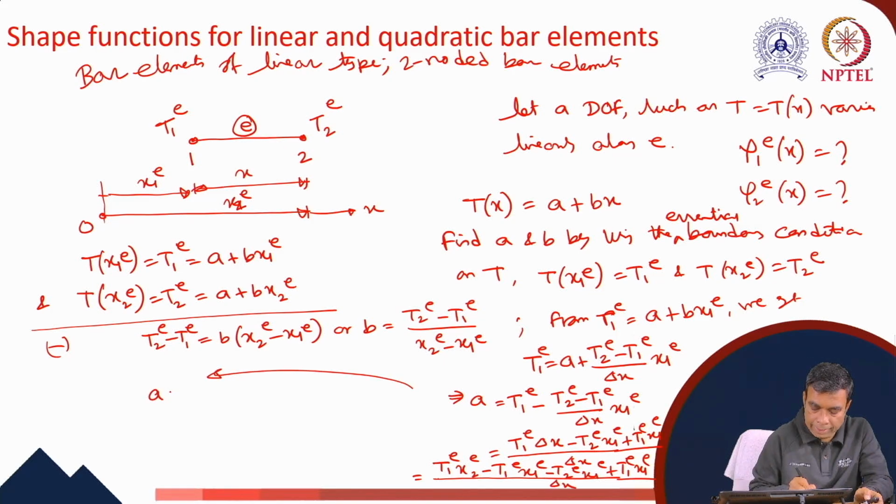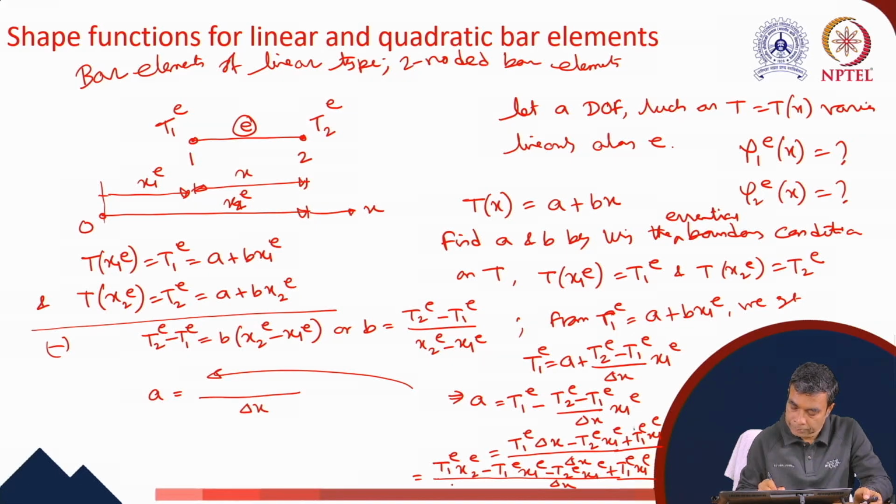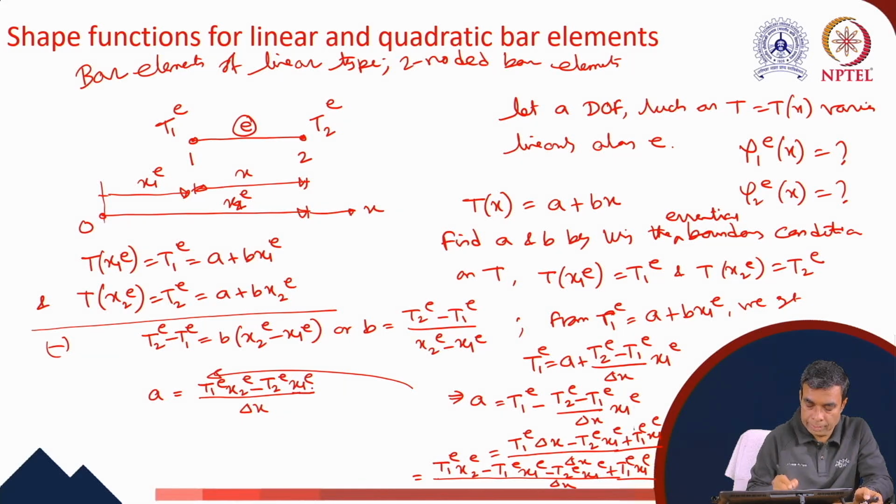So from here we get A equals T1e x2e minus T2e x1e by delta x.